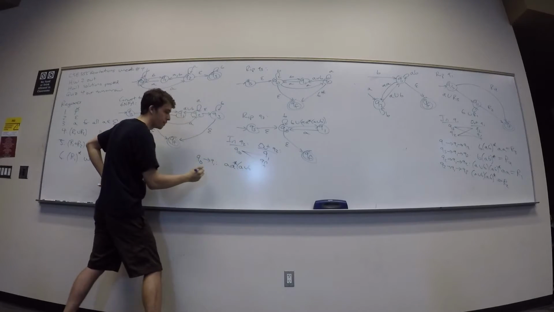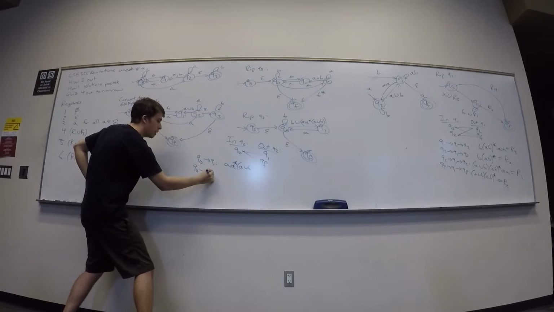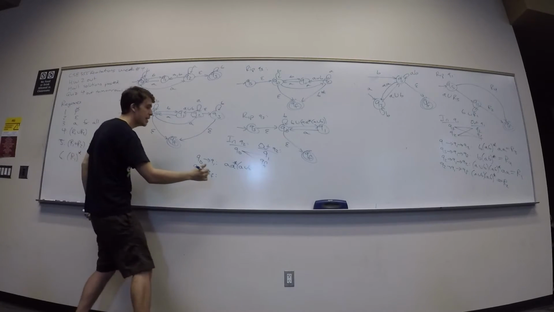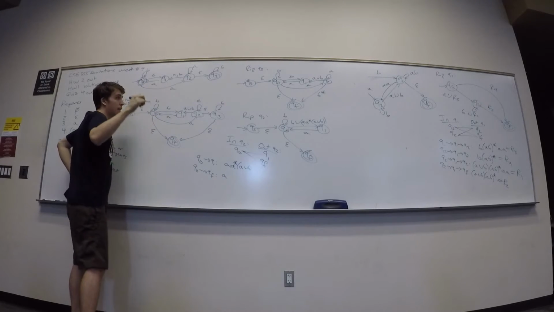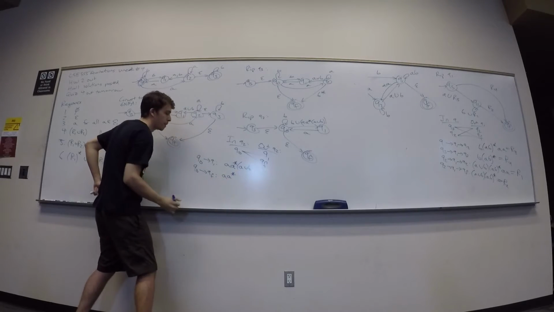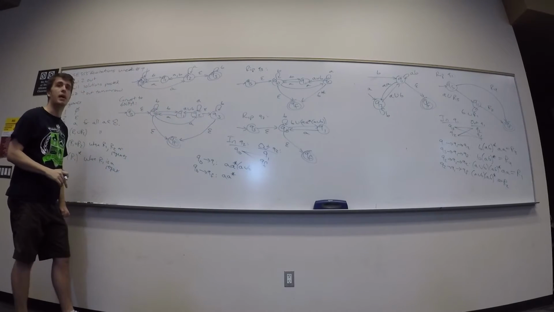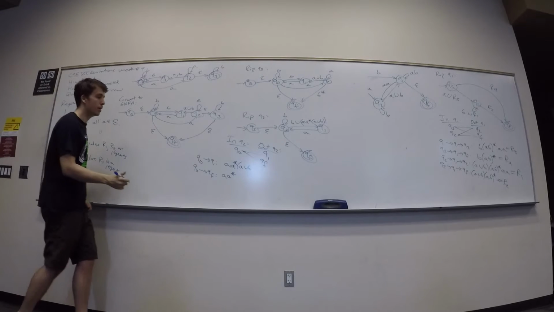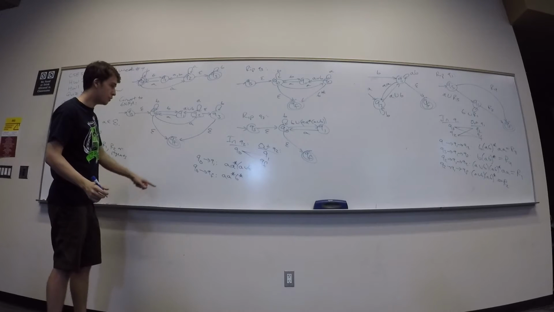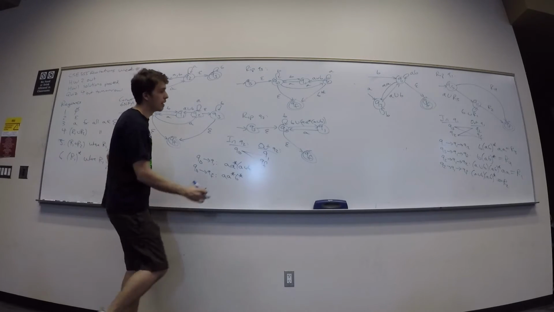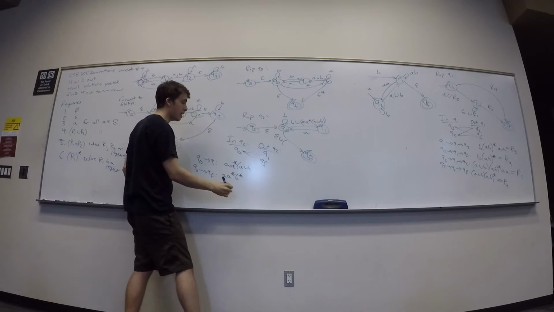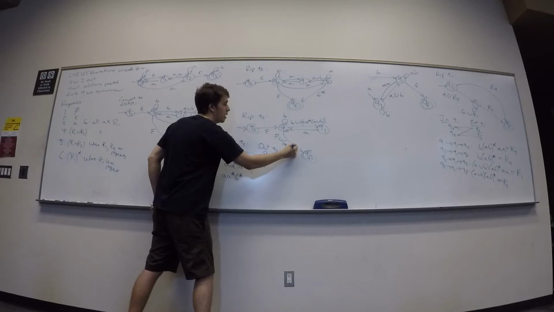Let's do 0 to F. So Q0 to QF. 0 into 2, I still think is A. Q2 still loops on A, so that's A star again. And then what about 2 to F now? The B star. So I'm going to put B star here. So that is from 0 to F directly. And I already have something there. So I have epsilon union A star, B star.